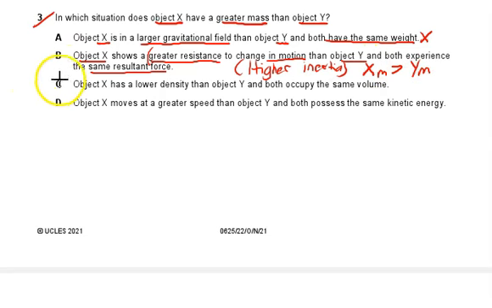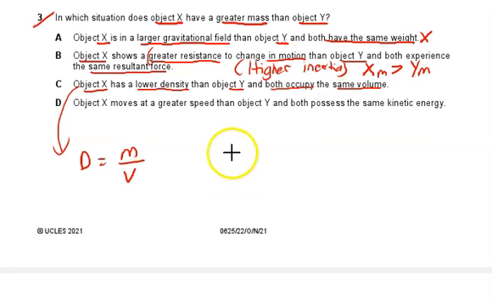Okay, now let us go through C. Object X has a lower density than object Y. They occupy the same volume. So if you look at the density formula, it is mass over volume. Also, they have the same volume, so let's say here's X and here's Y. So we have the same volume.